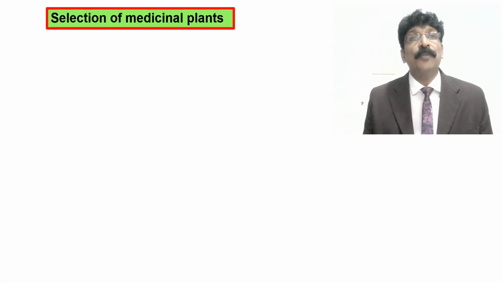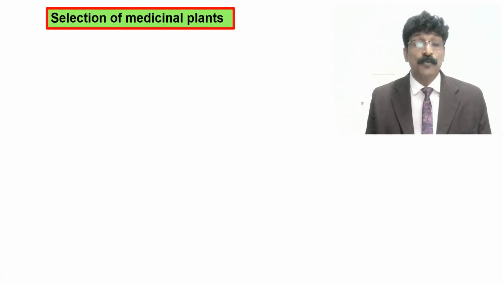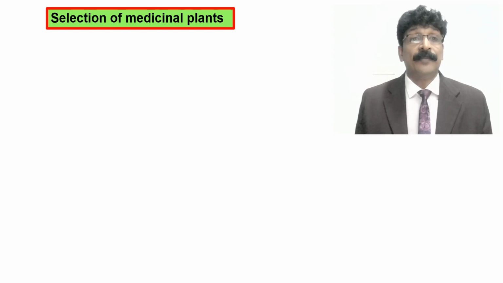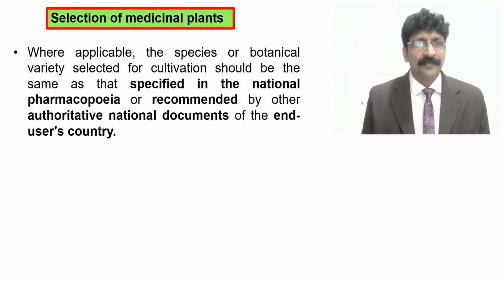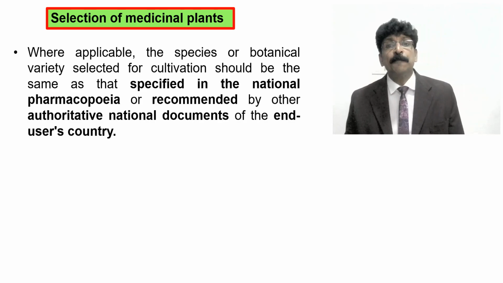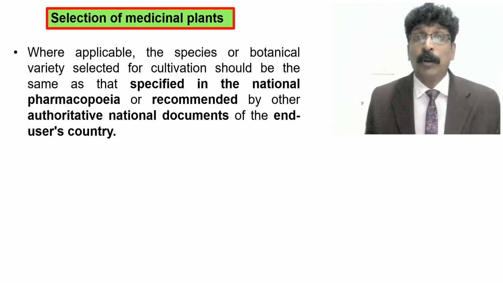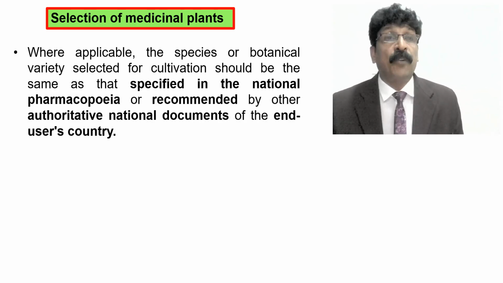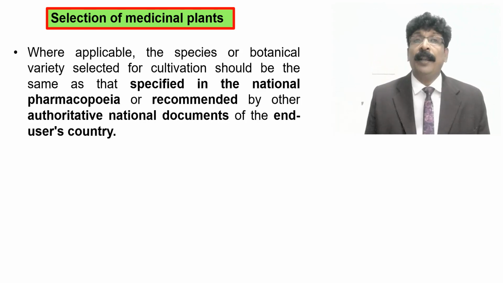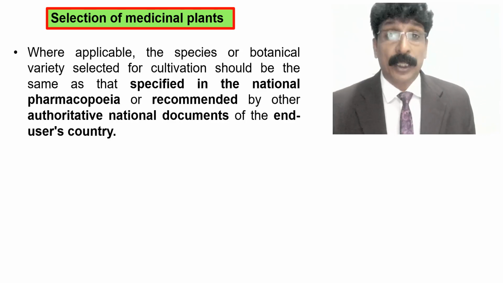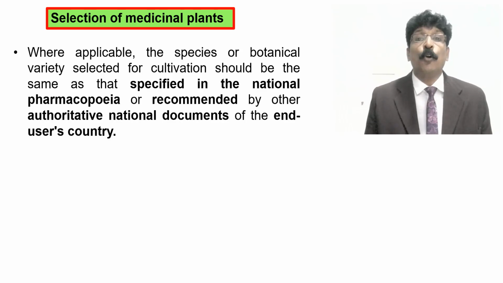Collection of medicinal plants. The first point when you want to explain, where applicable, the species or botanical varieties selected for cultivation should be the same as specified in the national pharmacopoeia or recommended by other authoritative national documents of the end user's country.